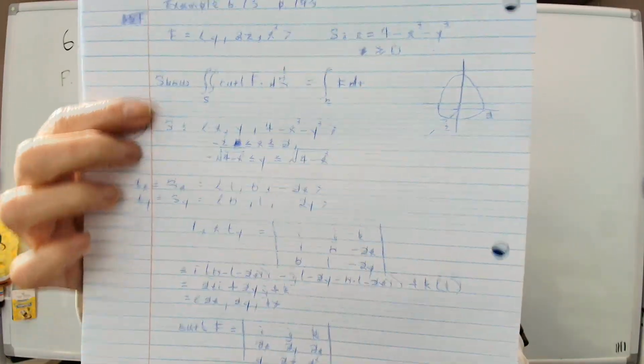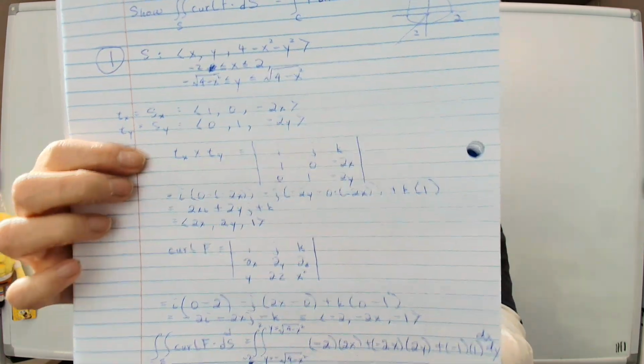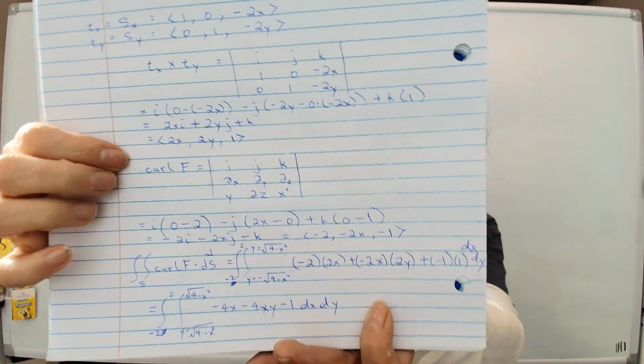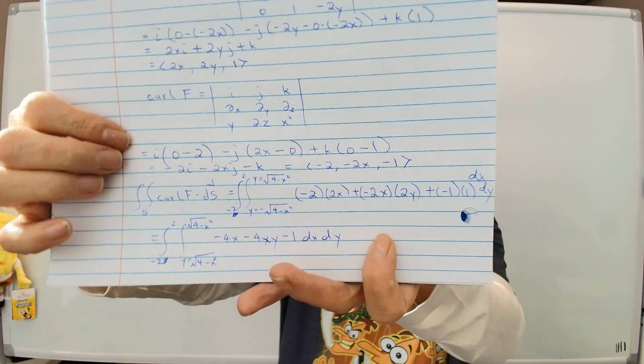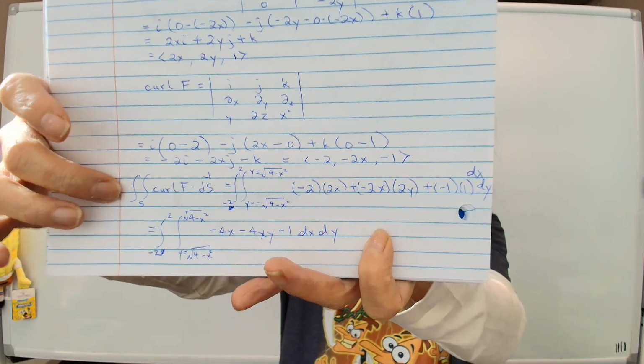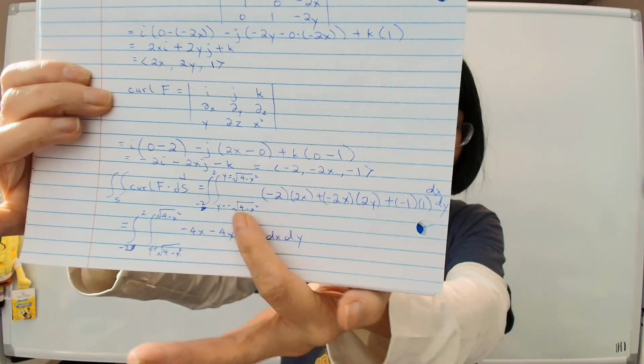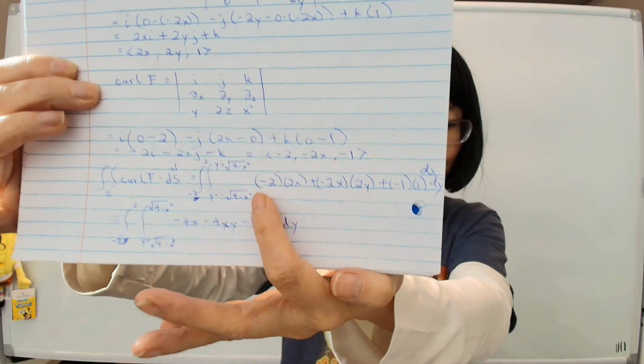Now, once you've done that, then everything comes out very nicely. You go through the motions, right? You calculate T_x, T_y, take the cross product, calculate curl F, then keep going, take the dot product, and so on, and don't mess up, and then integrate. You notice that when we integrate, we have variables for y, and that's perfectly acceptable.